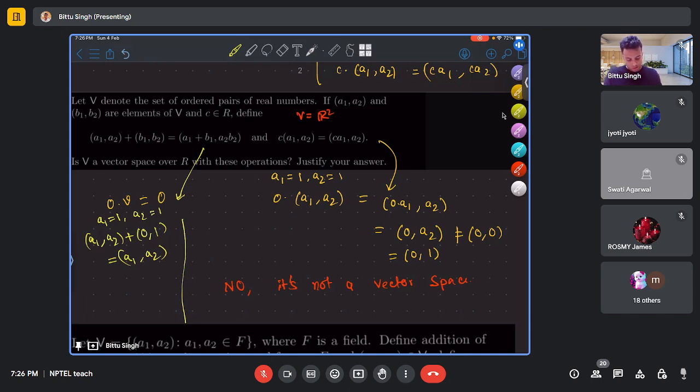Why? Because take an element 1 comma 0. You cannot find the inverse of 1 comma 0, because suppose there exists an inverse.